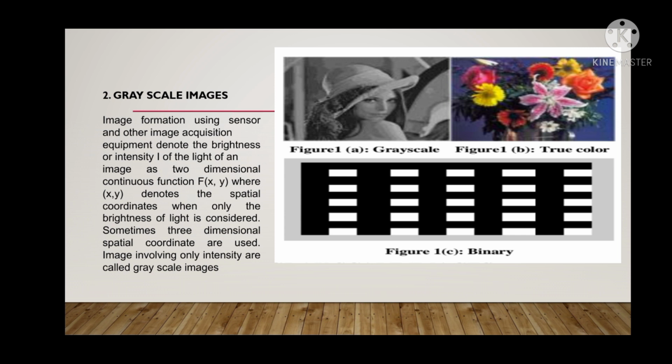Grayscale images: image formation using sensors and other image acquisition equipment denotes the brightness or intensity I of the light of an image as a two-dimensional continuous function f(x, y), where x and y denote the spatial coordinates, when only the brightness of light is considered.